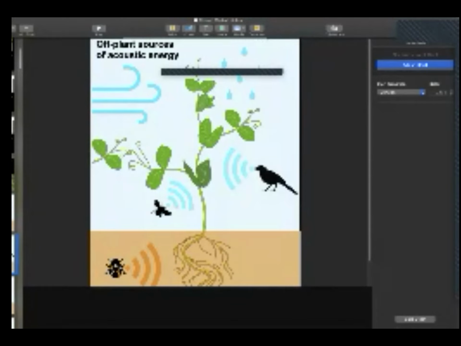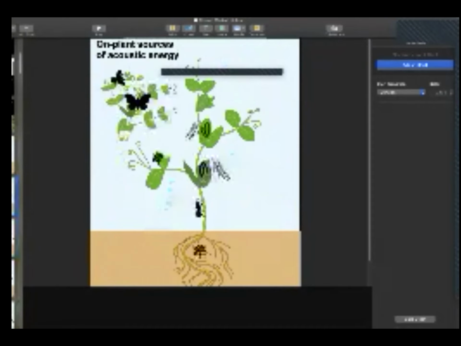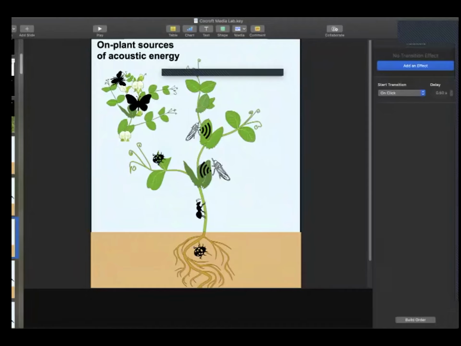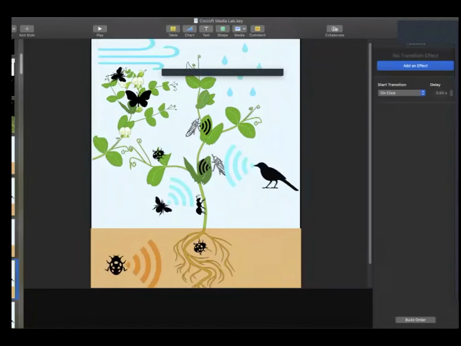And then there's a whole suite of on-plant sources of acoustic energy, including insects walking or moving on the plant, insects singing on the plant, insects feeding on the plant, or insects pollinating the plant. In all, you can get a very complicated soundscape with many different components.